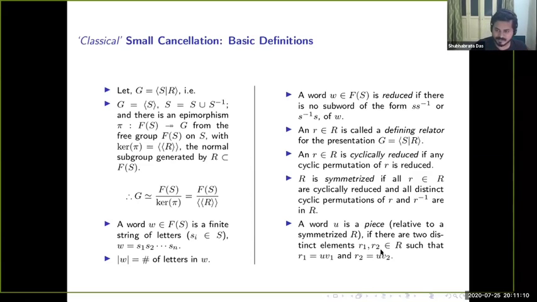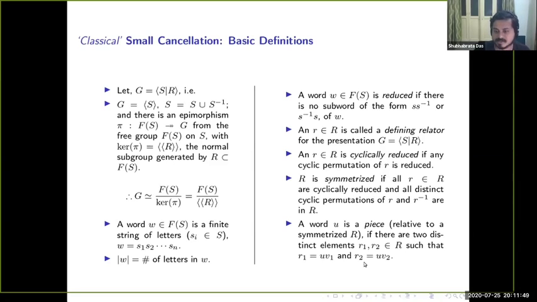Now, the most important definition here is that of a piece. A piece relative to the symmetrized set of defining relators R is a subword of at least two distinct relators from R. Since we are taking things up to cyclic permutation in the symmetrized R, we can take u to be a prefix in two distinct relators.